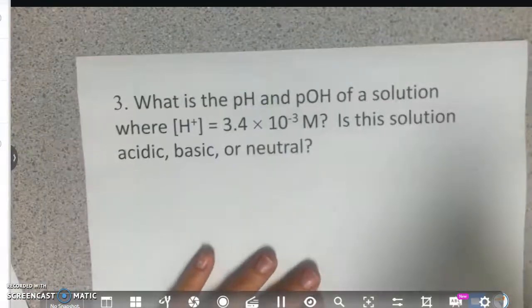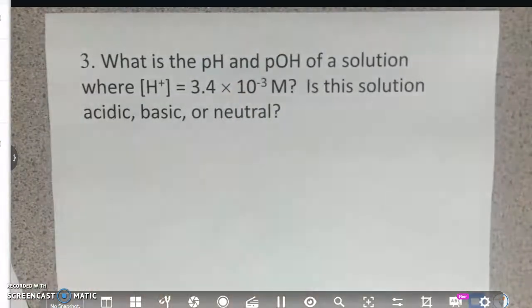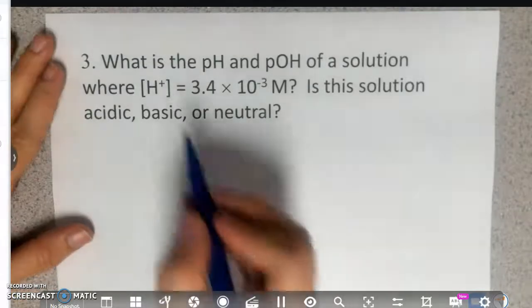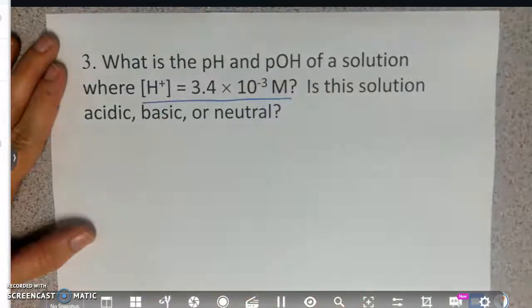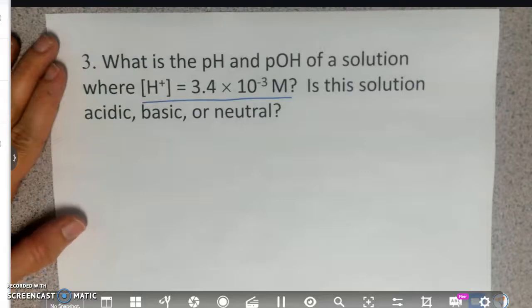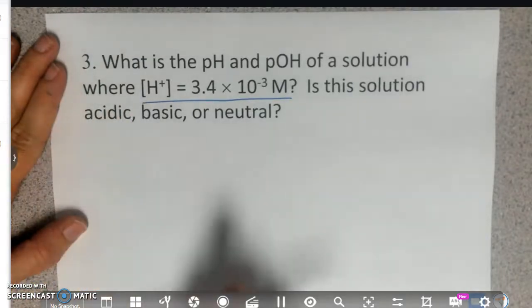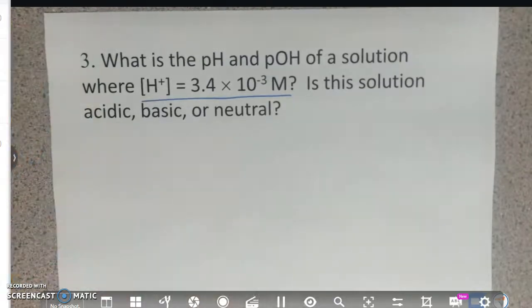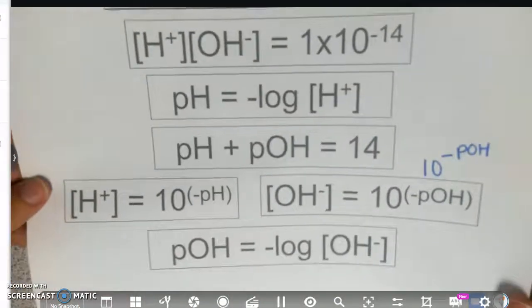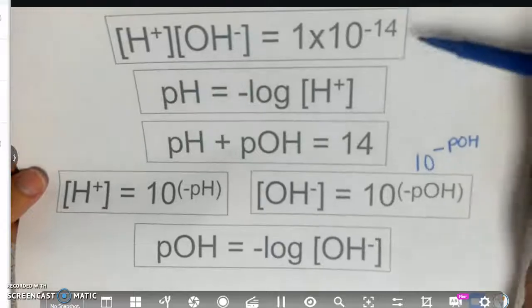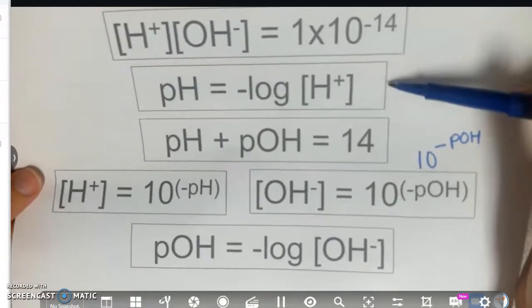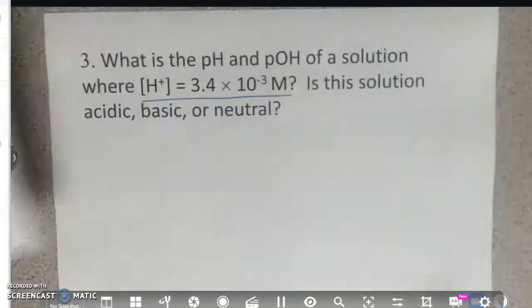Number 3. What's the pH and the pOH of a solution where H+ is 3.4 times 10 to the negative 3 molarity? And then is this acidic, basic, or neutral? So I want to find pH and pOH. And I have hydrogen ion concentration. I've got a few formulas that I can use. I'm going to use this one first and solve for my pH.